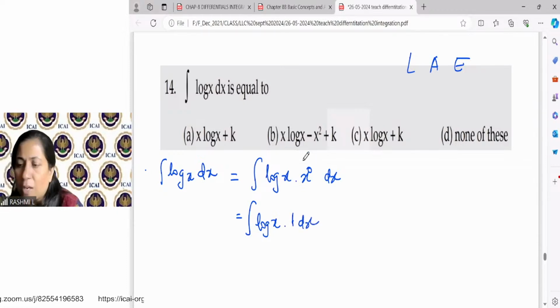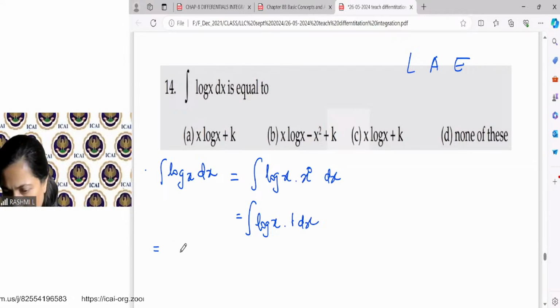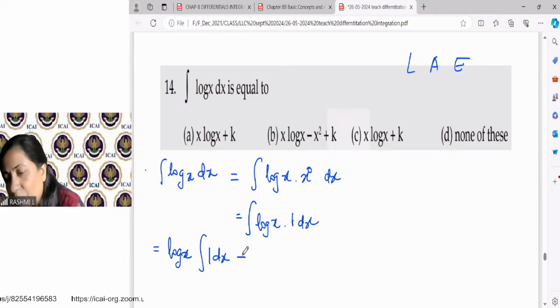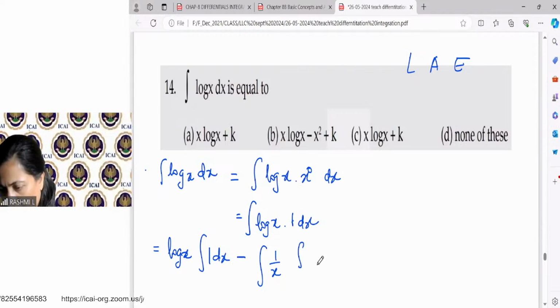That is why I introduced this. So I will use integration by parts: first function into integral of second function. So log x into integral of 1 dx minus integral of, what is the derivative of log x? It is 1 upon x into integral of 1 dx, the whole thing dx.